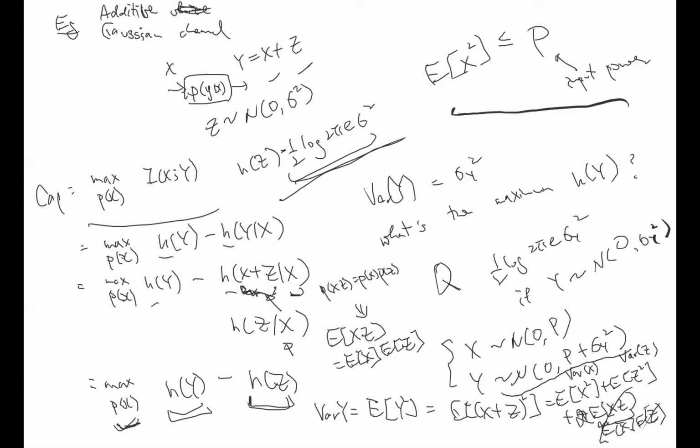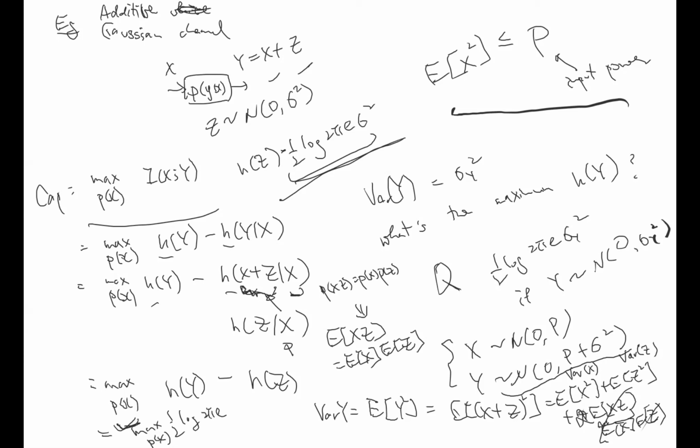So therefore, this will be the maximum over p(x): 1/2 log 2 pi e (P plus sigma square). Sorry, the variance of Z is sigma square, so it's P plus sigma square.